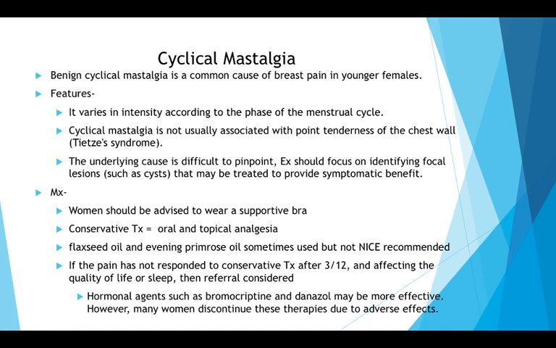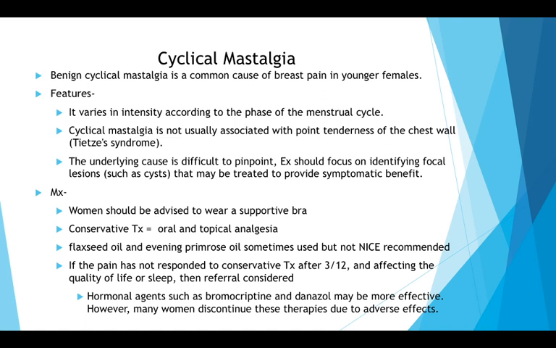In terms of the management, it's usually conservative, really, just give them analgesia. Some sort of herbal related therapies like primrose oil, flaxseed oil haven't been recommended by NICE. If the pain hasn't responded to conservative management for 3 months or so, and it's affecting their quality of life, then you need to consider referral to secondary care.